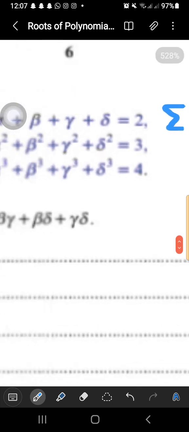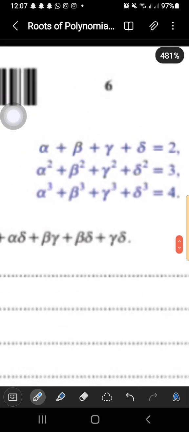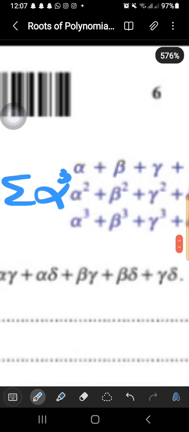Alpha square plus beta square plus gamma square plus delta square can also be written as summation of alpha square.